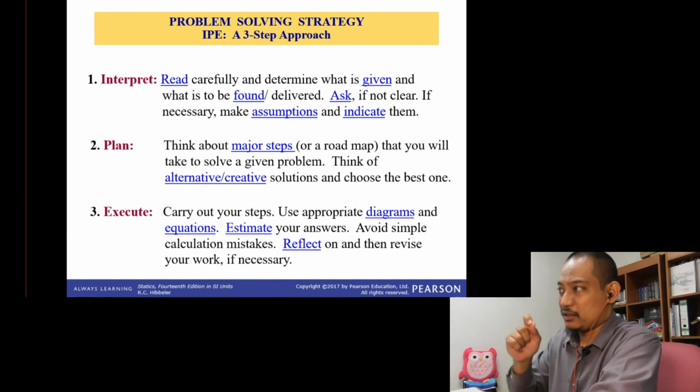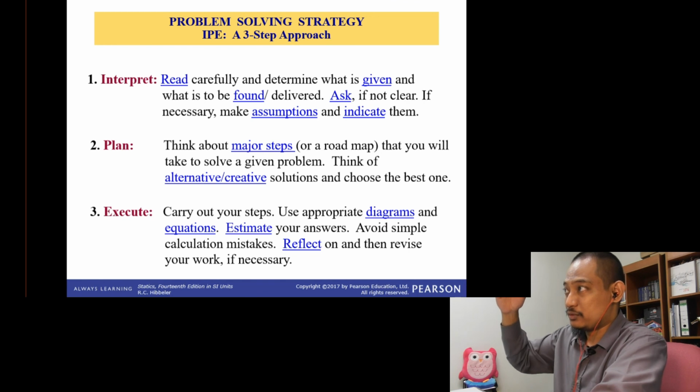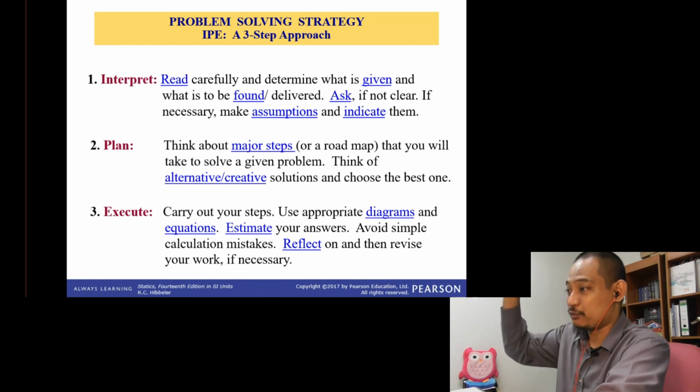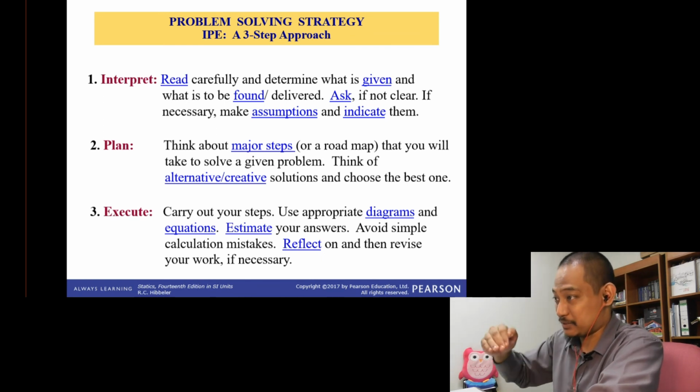Now, in the course outline, you will notice that the objective that we want to see from this course is for you, it's not just the final answer, but how you get to your final answer. I hope that is clear. Meaning that the marks will be given throughout the steps. If you miss the steps, you give your correct answer, you still lose a lot of marks.